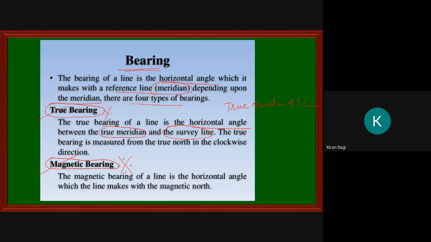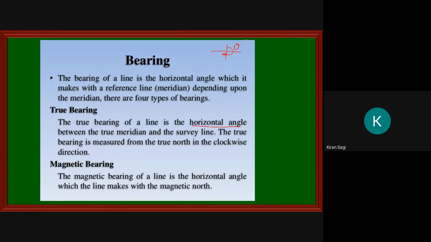The true bearing is measured from true north. True north means geographical north, in the clockwise direction. Initially, I have told you the reading will be taken in the clockwise direction. I will read once more. True bearing of a line is the horizontal angle.